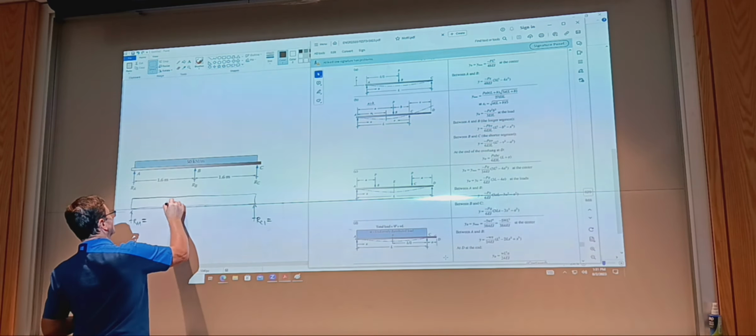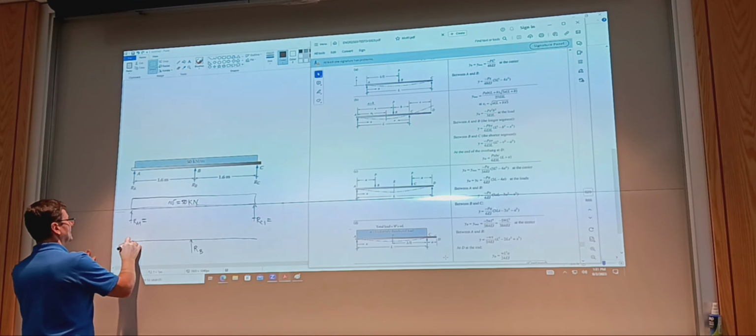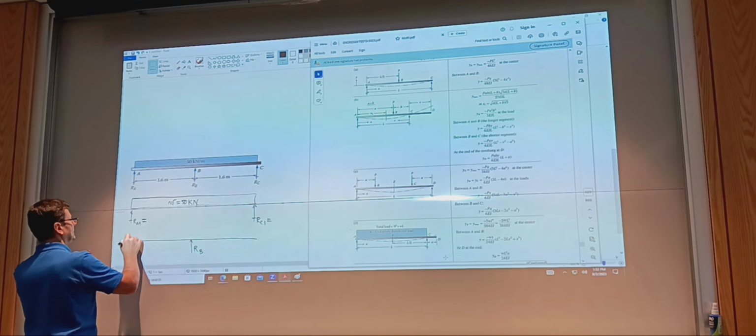And then I can take the same beam and load it with a force from below that I don't know. I call it RB, such that these will be RA2, and this will be RC2.